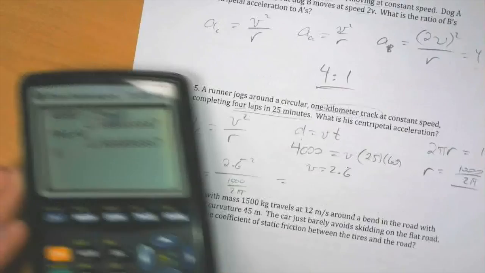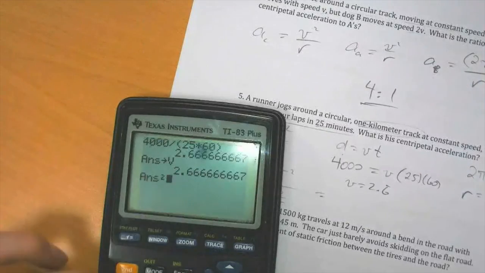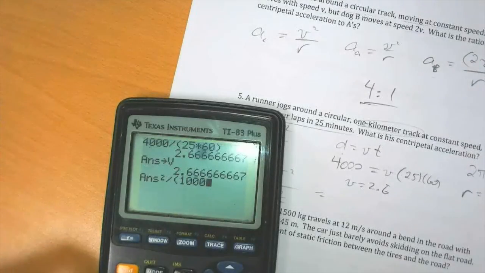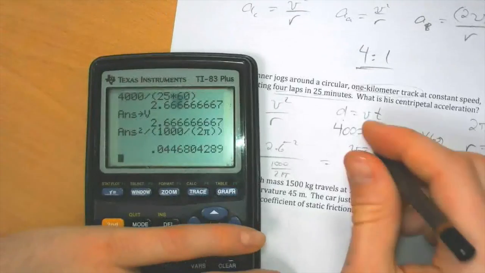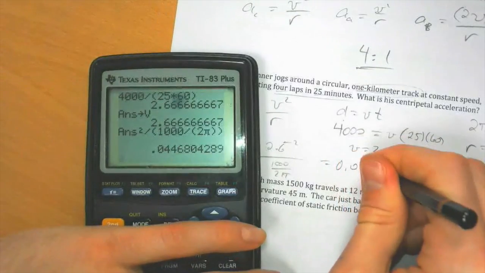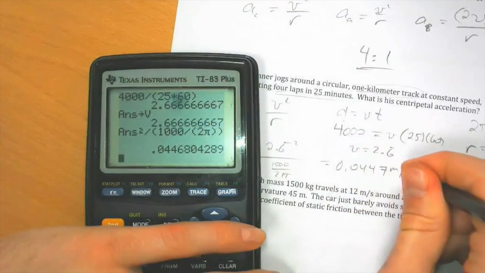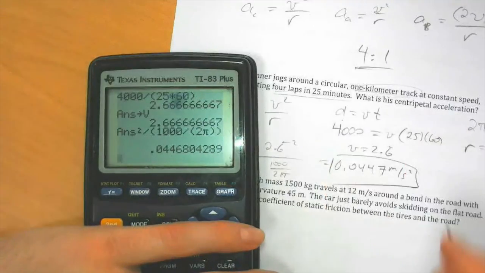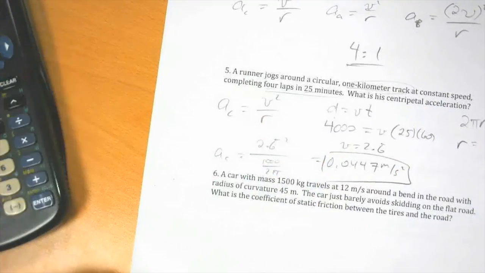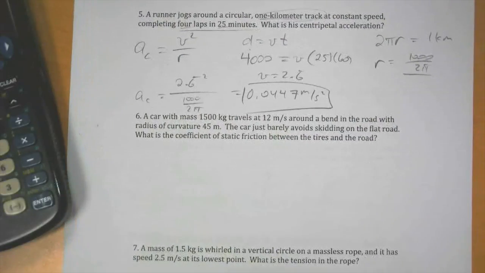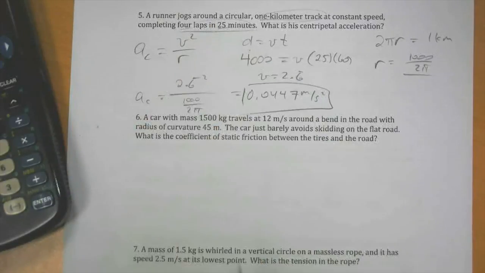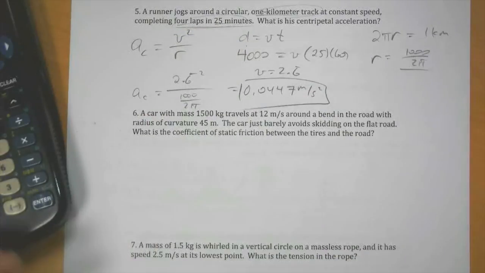So we take that value squared divided by 1,000 over 2 pi. We get a centripetal acceleration of 0.0447 meters per second squared. Pretty simple calculation, just a little bit of conniving you have to do with that 4 laps in 25 minutes.